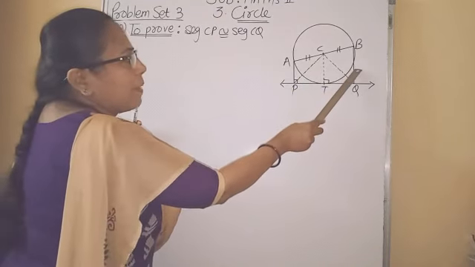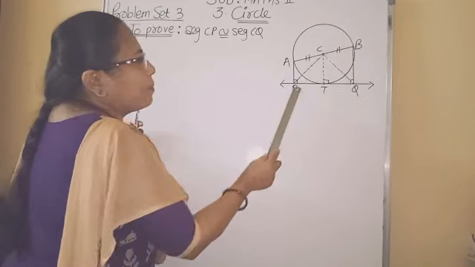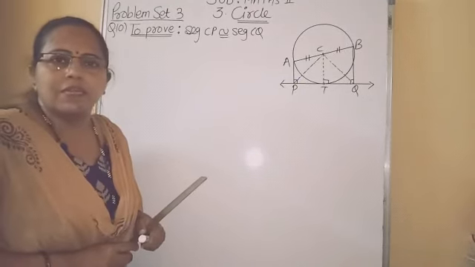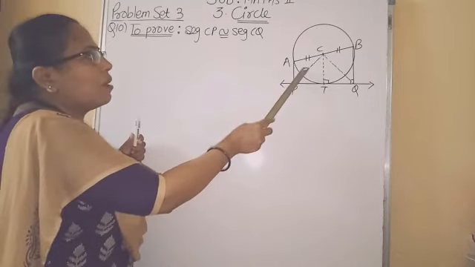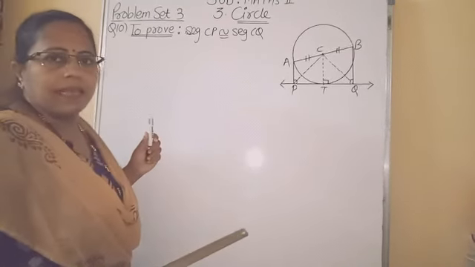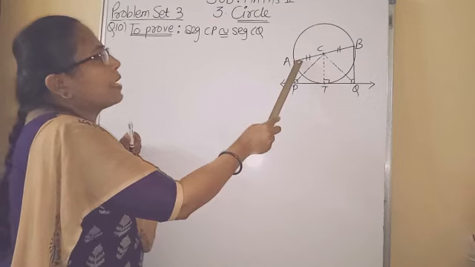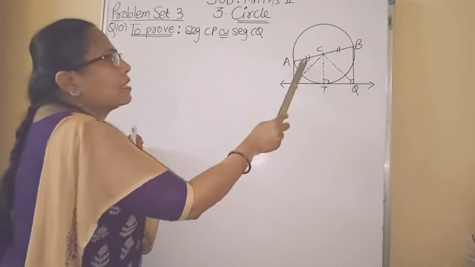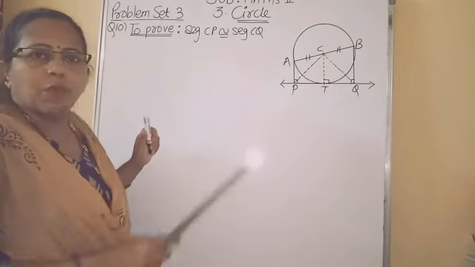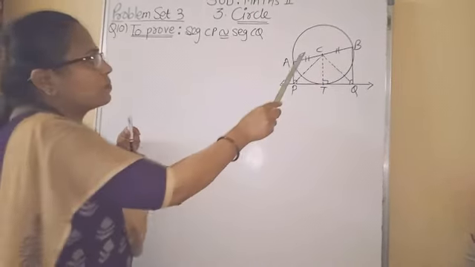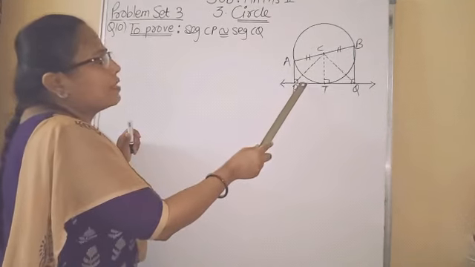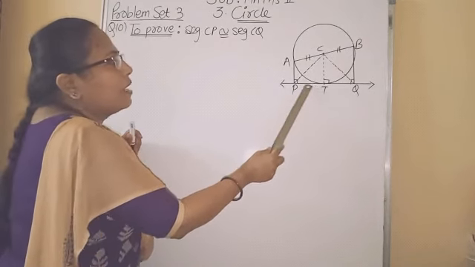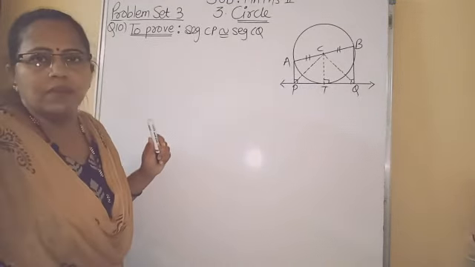These three segments are parallel segments. AB and PQ are their transversal. So in application of BPT we studied the property of intercept made by three parallel lines. That if the intercept made by three parallel lines on one transversal are equal, this property we studied in 8th standard also, then the intercept made by same parallel line on the other transversal are also equal.